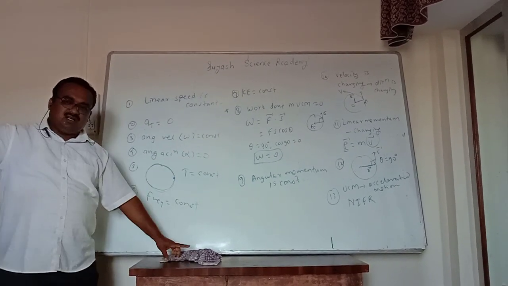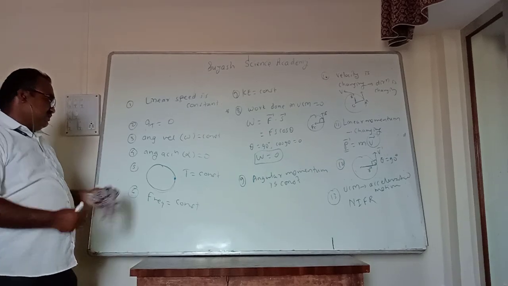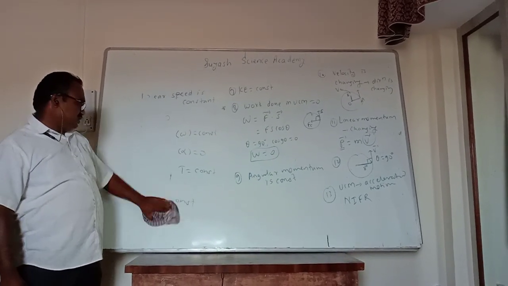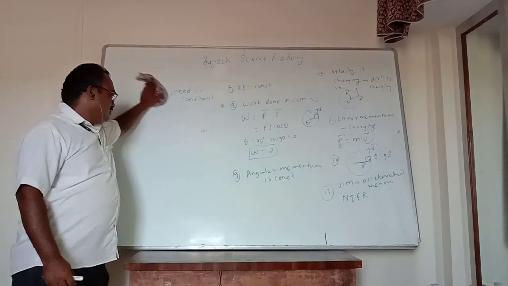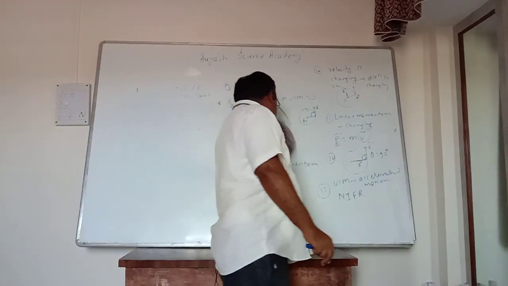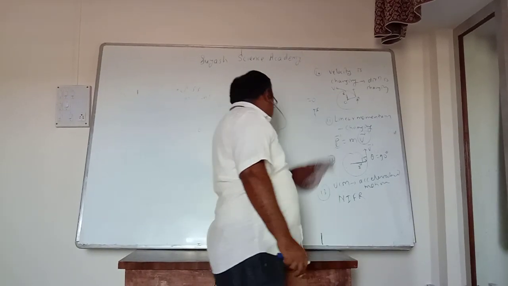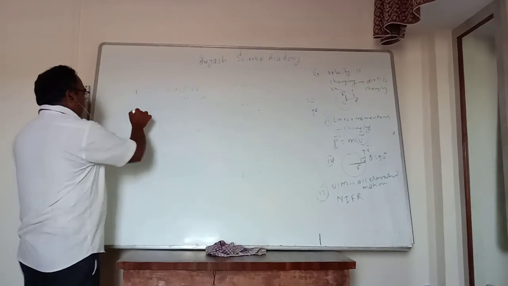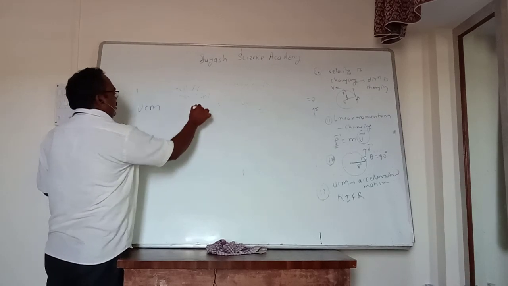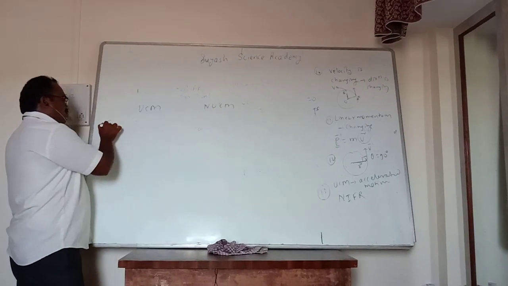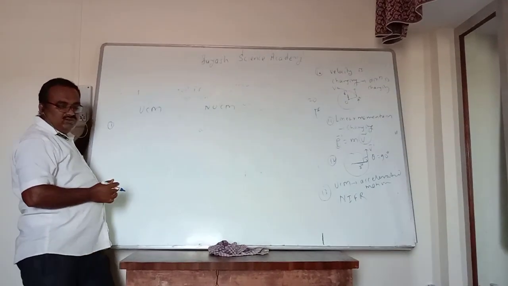Now we'll see the difference between uniform circular motion and non-uniform circular motion. I will write points on only one side.